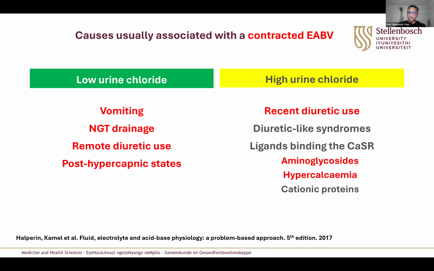Hypercalcemia is a common cause for this, which actually causes a diuresis, so-called nephrogenic DI. And then very rarely, cationic proteins. This would be light chains in patients who have myeloma kidney. Very uncommon, very rare. I haven't seen a case yet. So again, on this side, with high urine chloride, the ones in red I would regard as the common etiologies for a contracted ECF volume, but with high chloride in the urine.